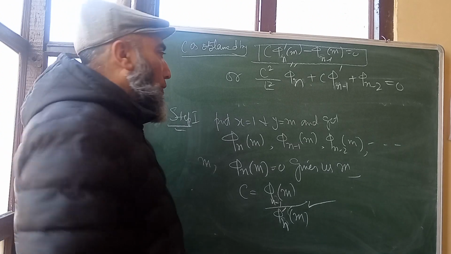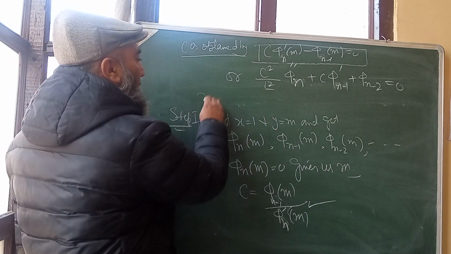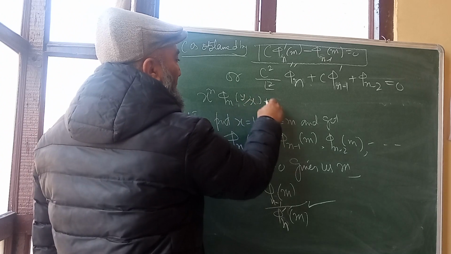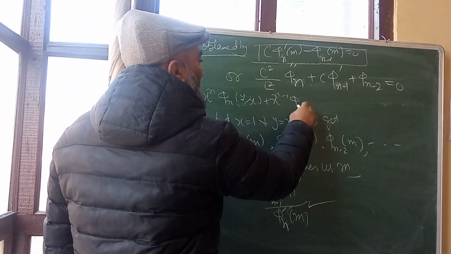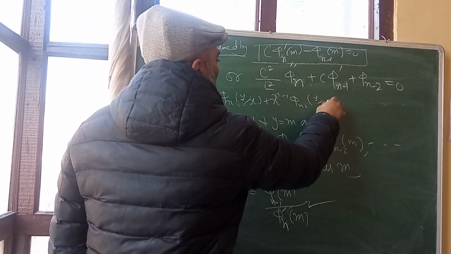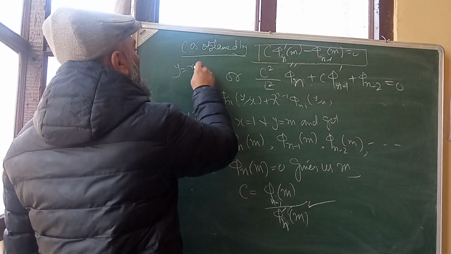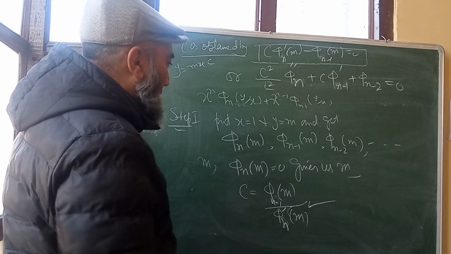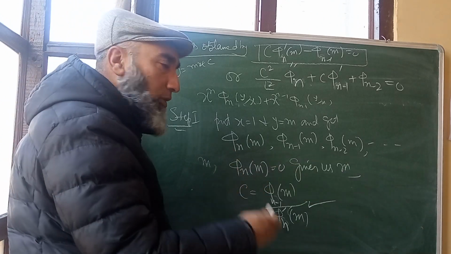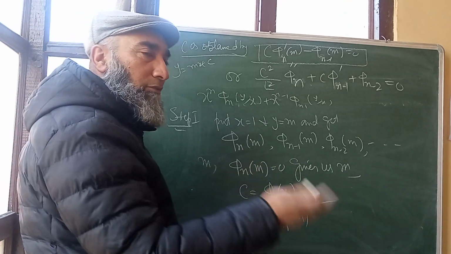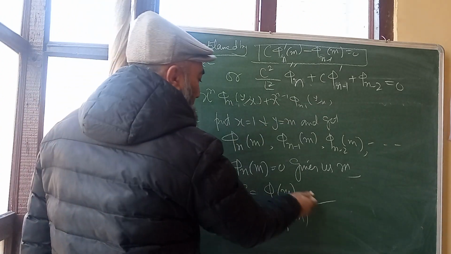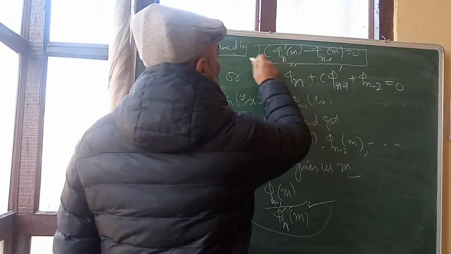Actually, I have written this: x raised to power n phi n y by x, the algebraic equation, x raised to power n minus 1 phi n minus 1 y by x. We put y equal to mx plus c in this, then separate the variables and separate the terms having degree n, having degree n minus 1, and we obtain these things, m and c.